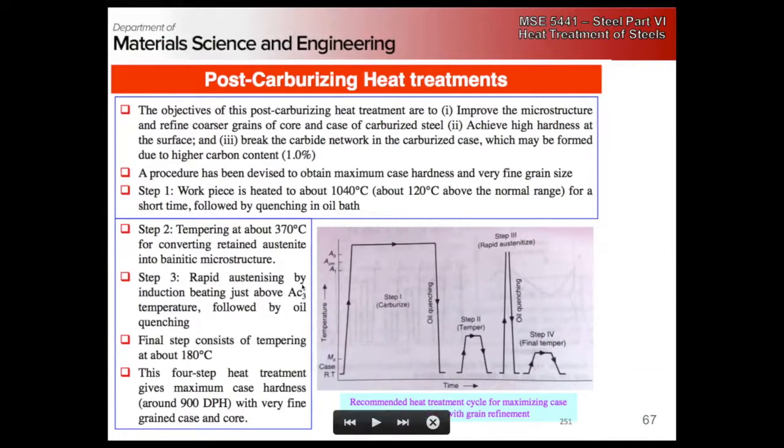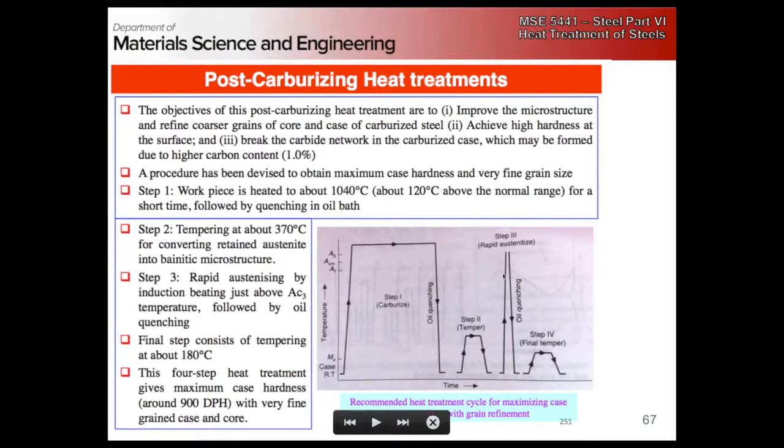And essentially, these are very short time treatments, right? So you're going to go up to above 1,000 C with an oil quench, right? A temper to convert any retained austenite into bainite, right?